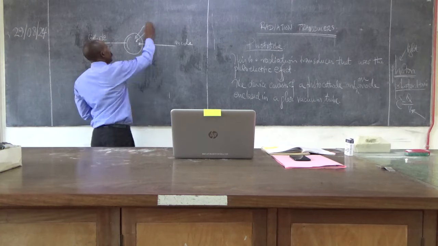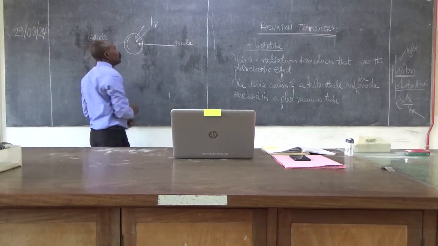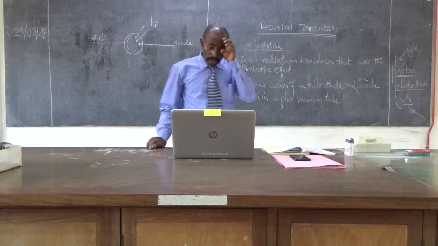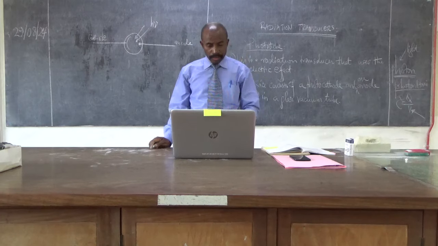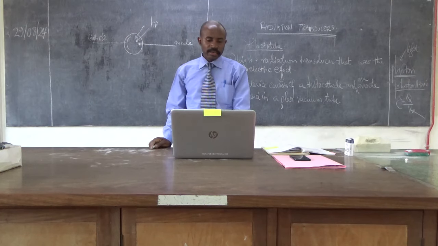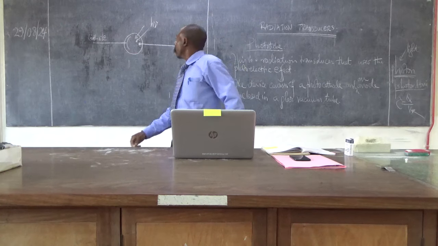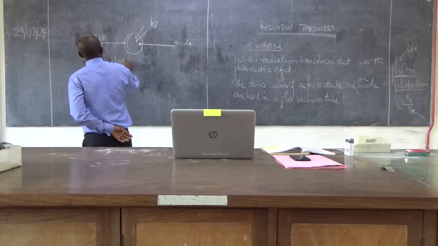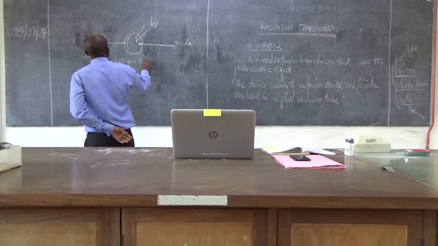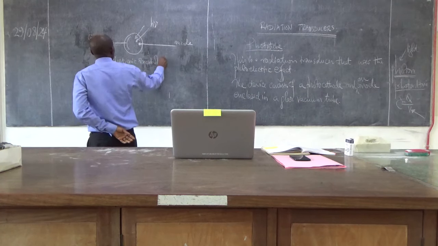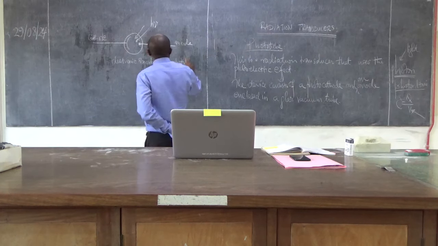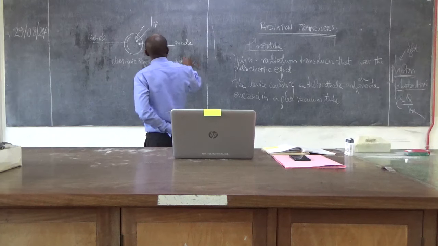So this is Planck's constant times nu gives you the energy. This is the electronic symbol. Am I too slow? A photo tube.